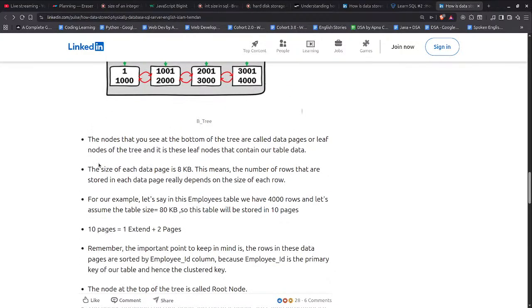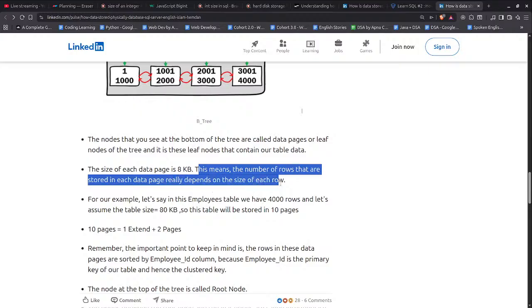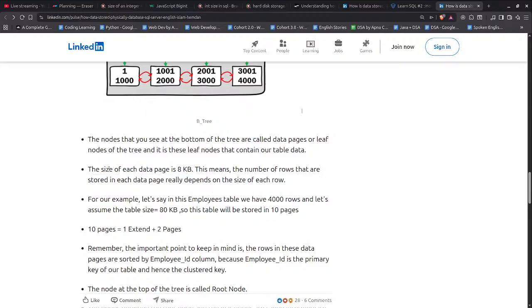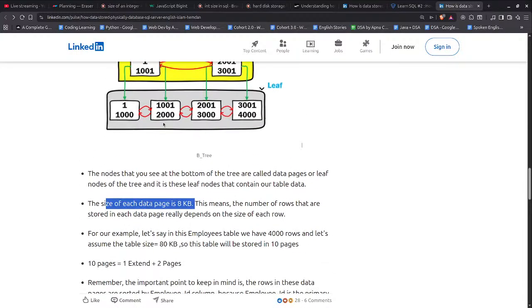The size of each page is 8 KB. This means the number of rows stored in each data page really depends on the size of each row. So one page only has the size of 8 KB. If the row size is bigger, it may be using multiple pages.